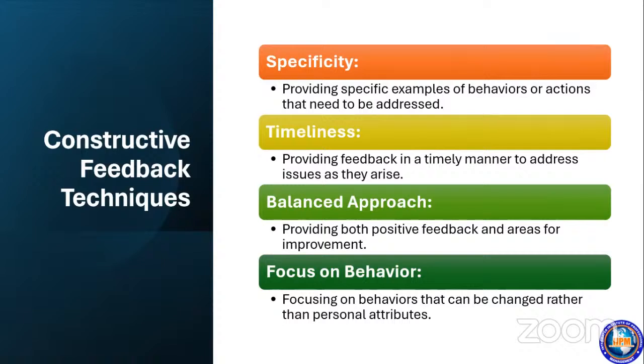If not, it is not constructive at all. When you are trying to give feedback and all of the feedback is negative, the focus is on the weaknesses, the focus is on the wrongdoing, you won't have that balanced approach. It has to be well-rounded. And you also have to focus on behaviors that can be changed rather than personal attributes.